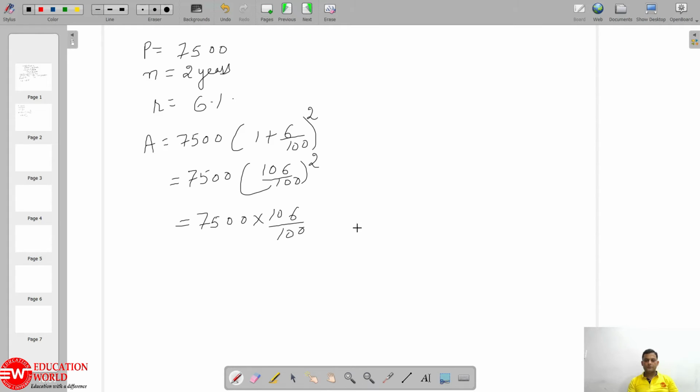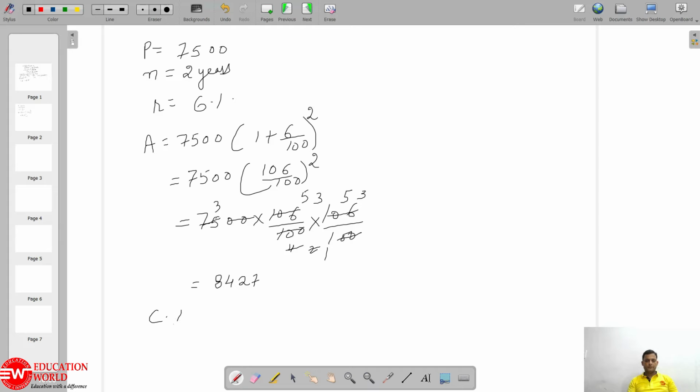Twice we will write 106 because the power is 2. Now you can calculate: 25 threes are 75, 4, so it will go on, 2, it is 53, and it is again 53. After multiplication you will get 8,427.